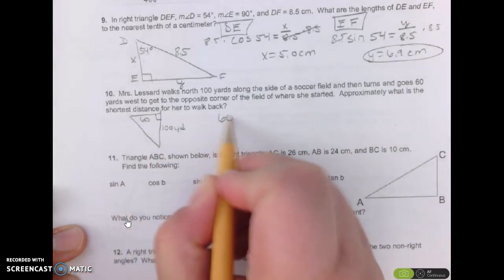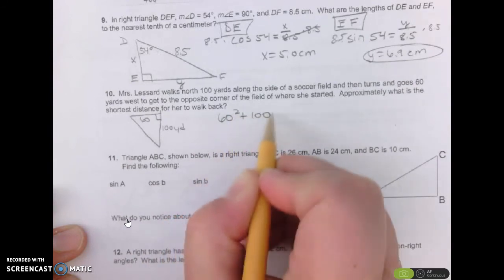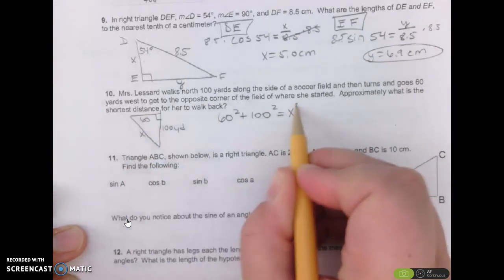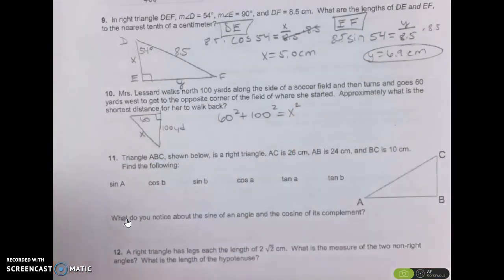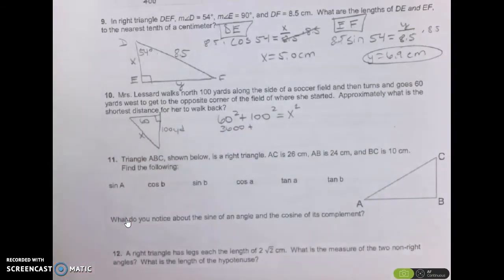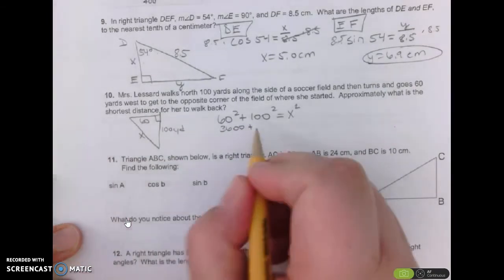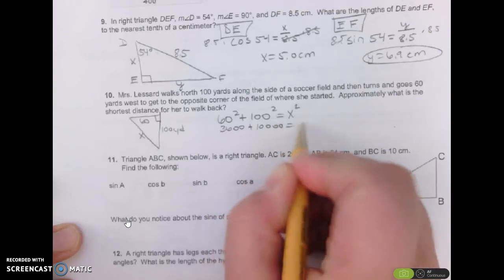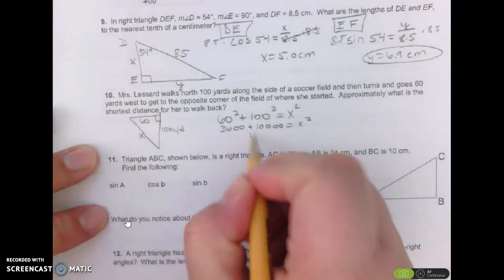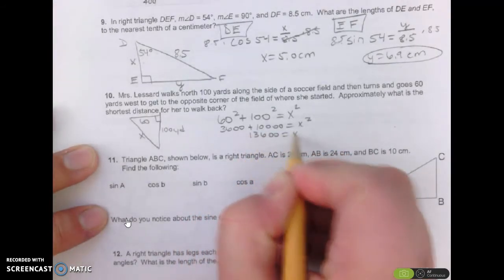Leg squared plus leg squared equals hypotenuse squared. I'll call that my x. Okay, so 60 squared is 3,600, and 100 squared is 10,000. When I add those together, I get 13,600 equals x squared.